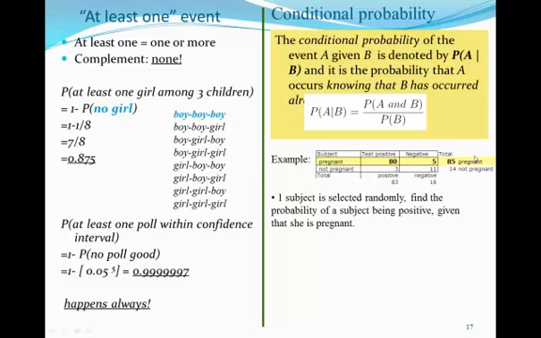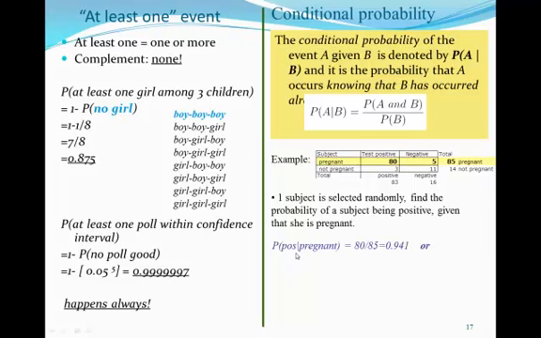So this 85 means the total amount of subjects which are pregnant, and this 83 means total amount of subjects who have a positive test result. 14 means total amount of subjects not pregnant. 16 means total amount of people who tested negative. One subject is selected randomly. Find the probability of the subject being positive given that she's pregnant.